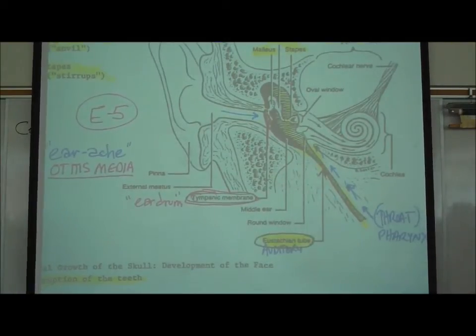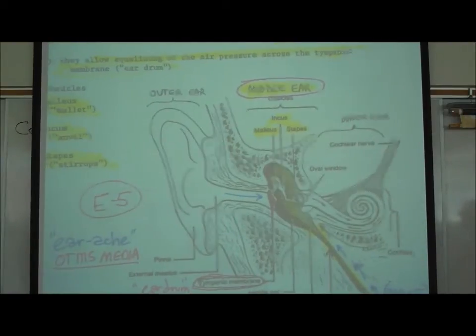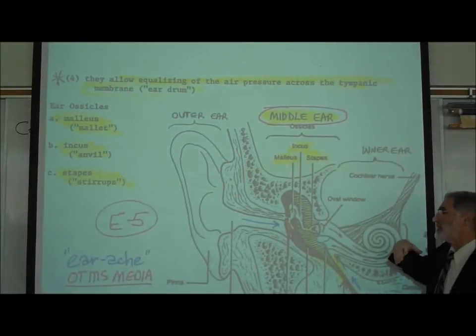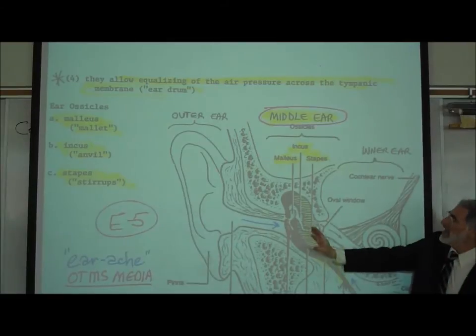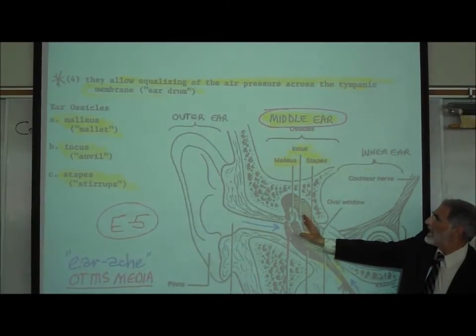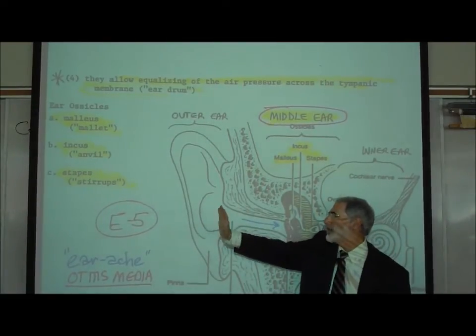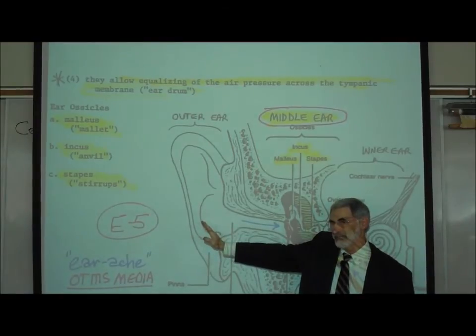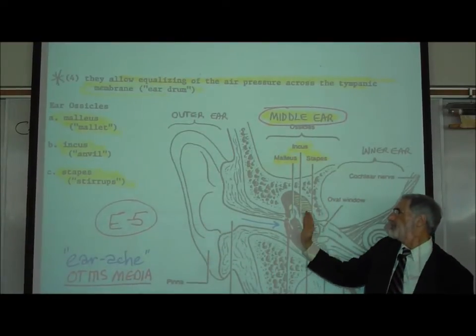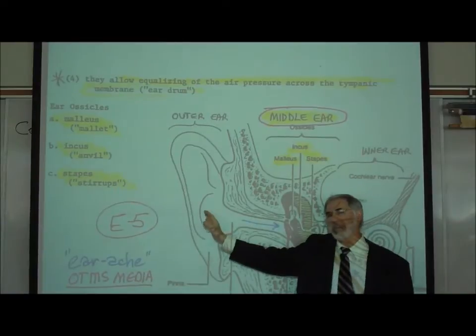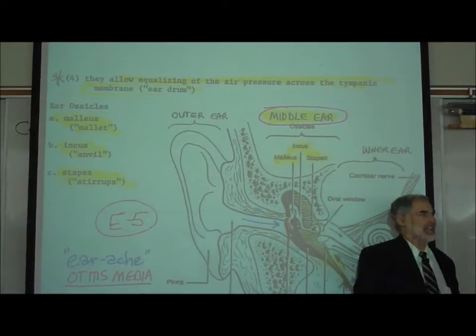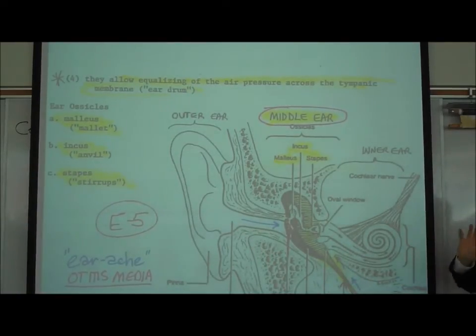The purpose of air in the middle ear is that in order for us to hear properly, the air pressure in the middle ear has to be the same as the air pressure on the outside of our body. If it is different, we won't be able to hear properly.